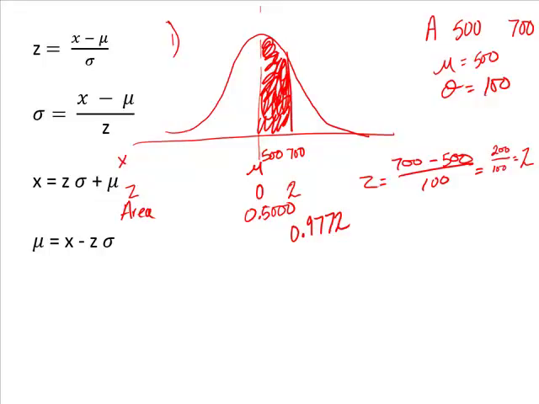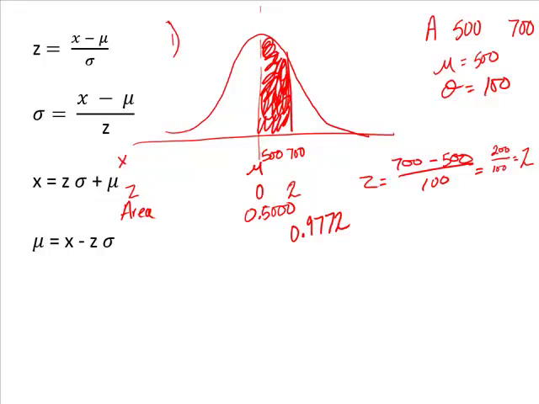Okay, so we've got our 2 values of x. We now know the z-scores of those 2 values, and we now know the area under the curve that corresponds to those 2 values. What do we do next to find out where our shaded part is? Because our question was, what percentage of test takers are between 500 and 700?